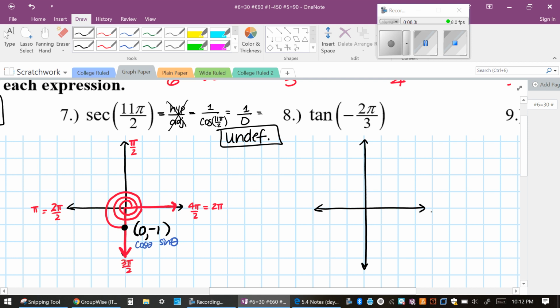-2 pi over 3. Remember that pi over 3 is 60 degrees, okay? So whatever the denominator is, I don't know if you guys remember, that's what I would tell you to cut each half of the circle into. So 3 parts, 1, 2, 3.